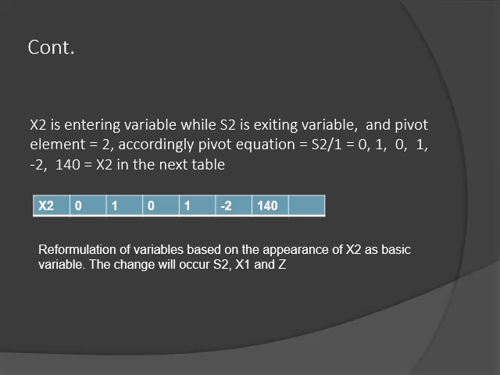What do you mean by s2 over 1? s2 over 1 equals 1, 0, 1, 0, 1, negative 2 and 140.